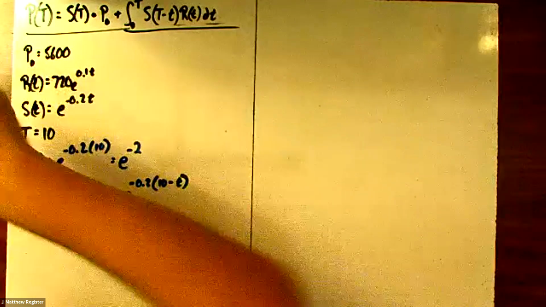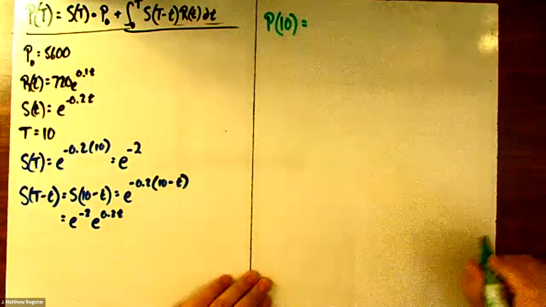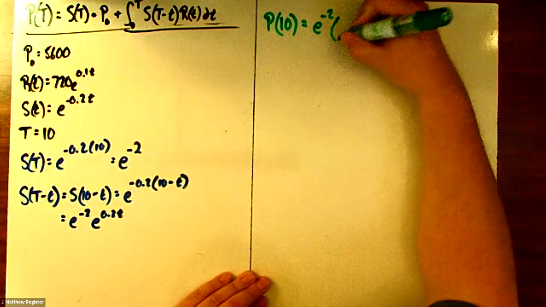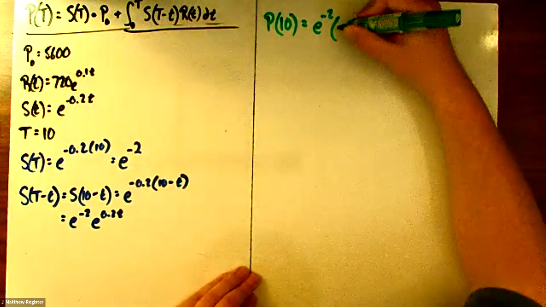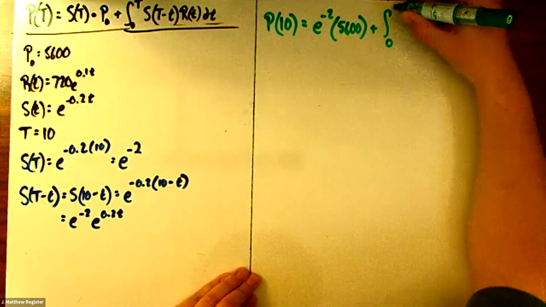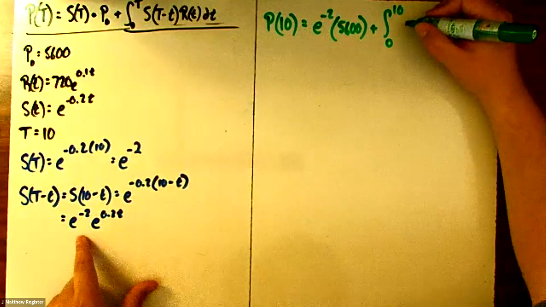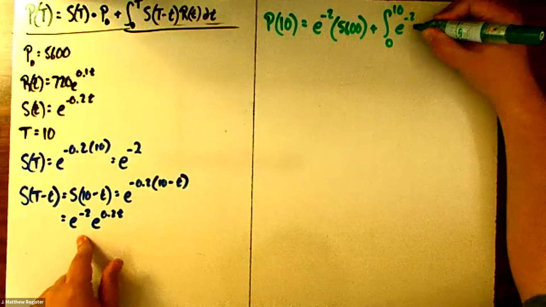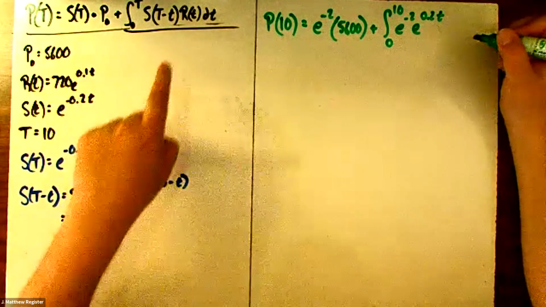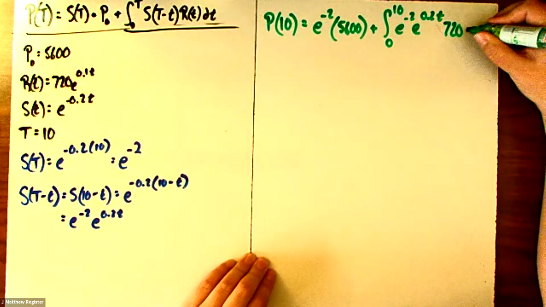And so p of 10, which is what we're trying to find, is going to be equal to s of big T, which we already know is e to the negative 2, times P naught, which we know is 5,600, plus the integral from 0 to 10 of s of big T minus little t, which is e to the negative 2 times e to the 0.2 t, times r of t. And r of t is 720 e to the 0.1 t.